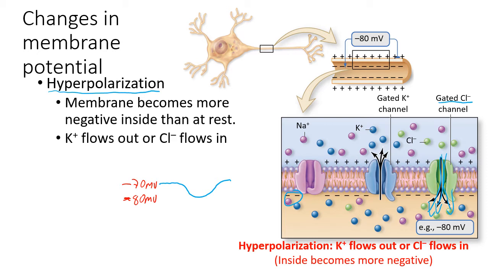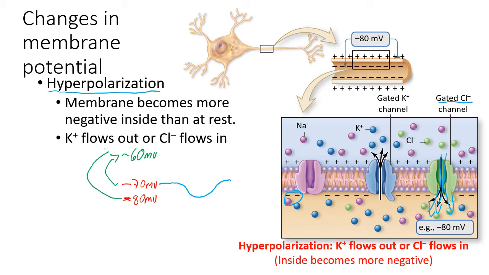This is going to make it less likely that we're going to get an action potential. The cell itself is more negative in terms of getting up to that negative 60 millivolts, which we can make green for go. So in order to get up to that negative 60 millivolts, normally we just have to have a change of 10.